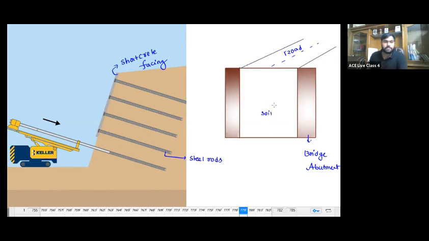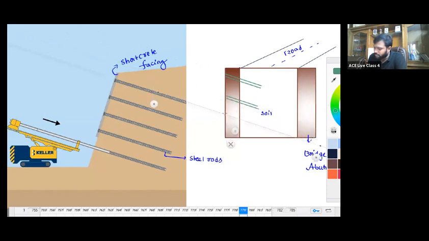Here also, we induce the nails before construction, inside the soil, so that I can improve the strength of the soil mass. This is nothing but soil nailing only.